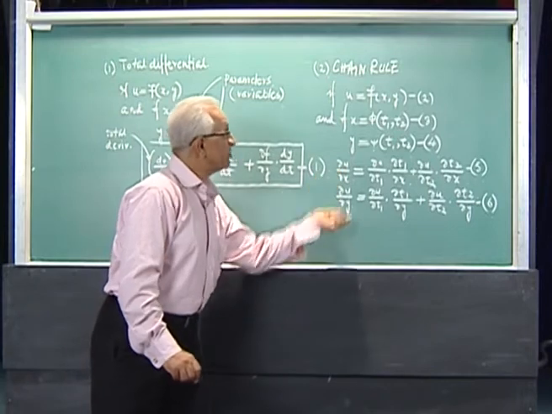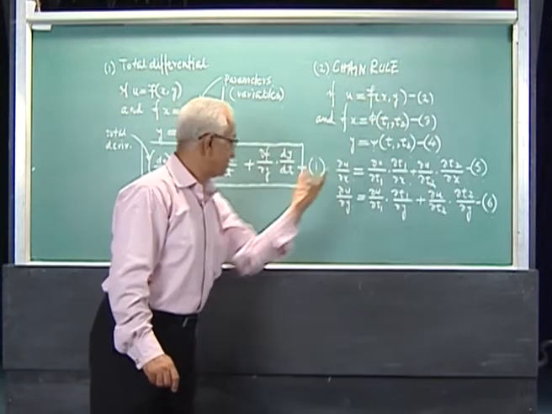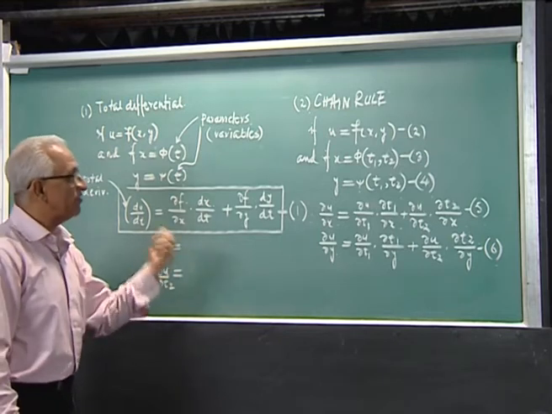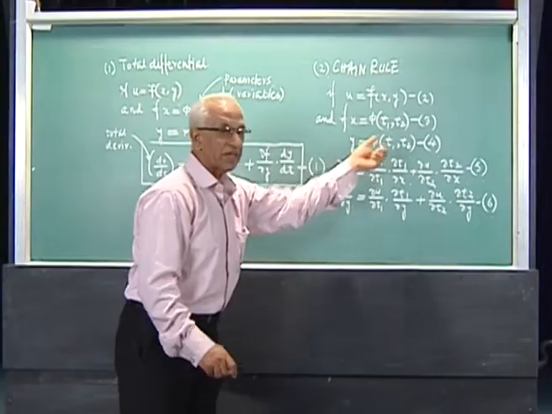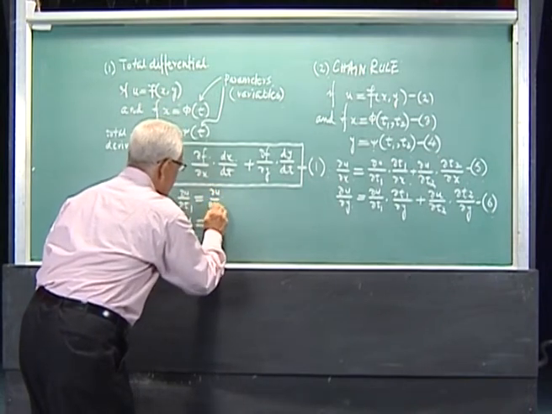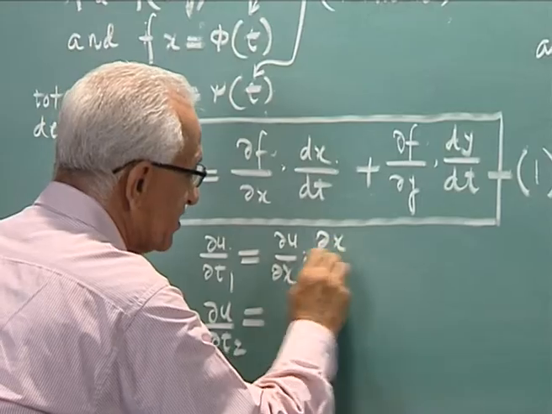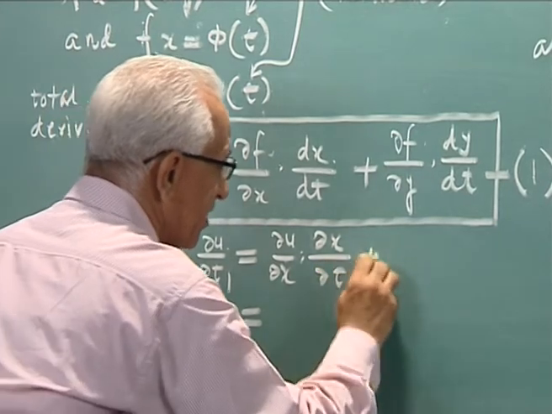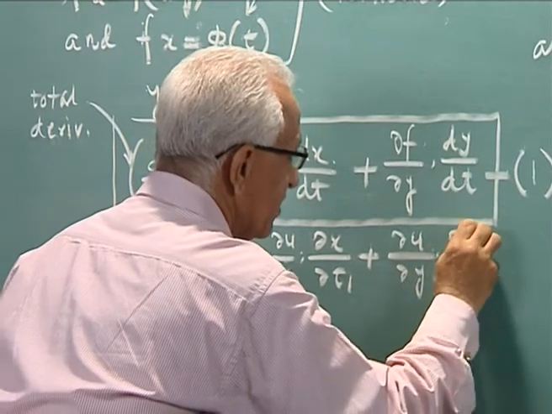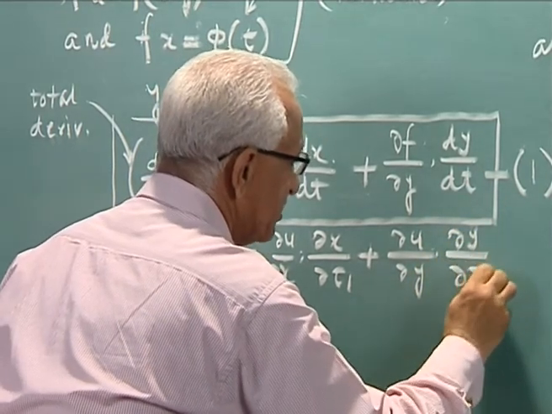Remember, these are with respect to the main independent variables. Coming to the next, t1, t2, they are the parameters or the variables with which x and y are connected. So, we will be having ∂u/∂x and ∂x/∂t1 plus ∂u/∂y and ∂y/∂t1.